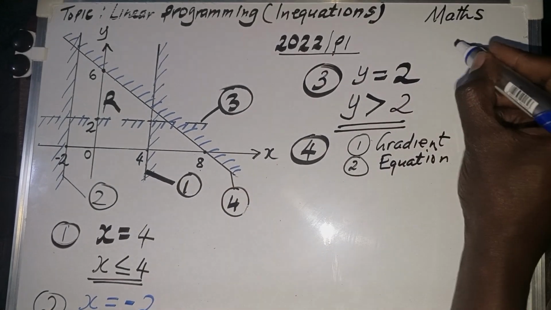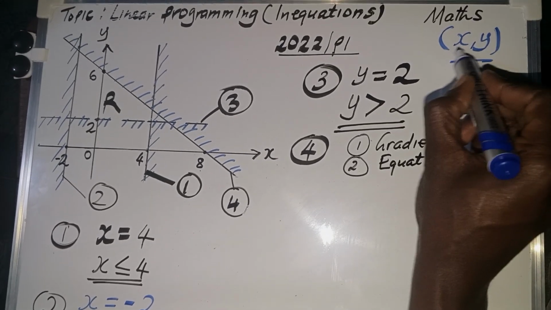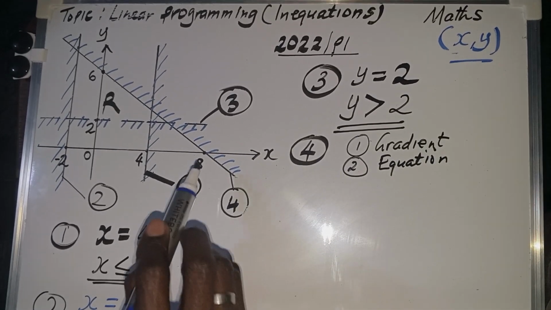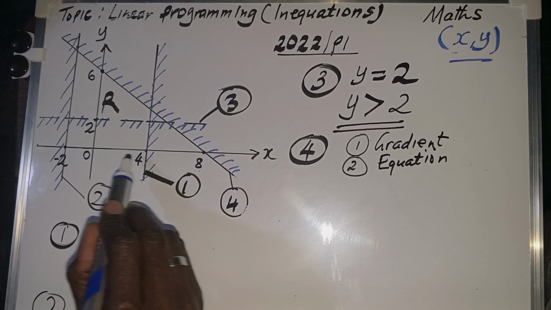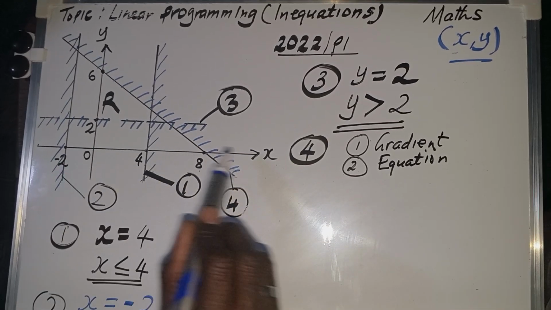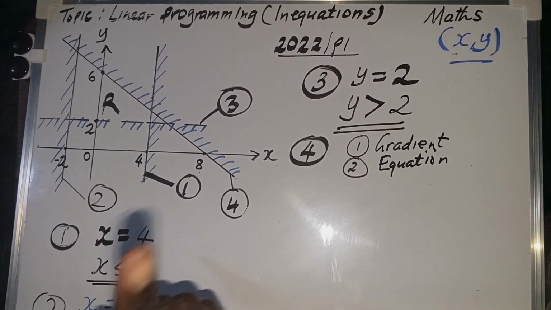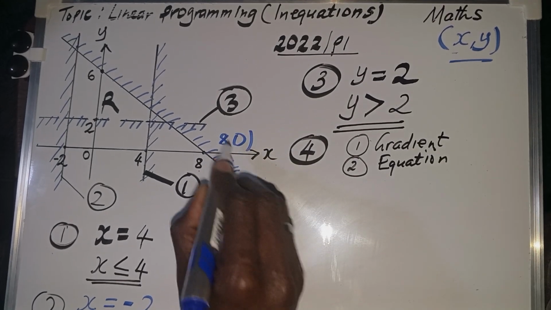Remember, coordinates are always given in the form x, y. So you always start with the x value, then you go to the y value. So x there is 8, but y has not moved because it is along the x-axis. Remember what we said? Along the x-axis, y is always 0. So this coordinate here will be (8, 0).